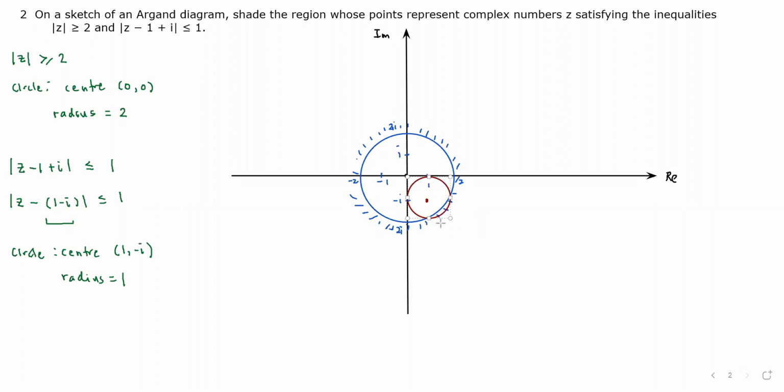For this circle, we want the area inside the circle. So the intersection of these two areas is this part here. This tiny area is what we want. That is the solution that we want.